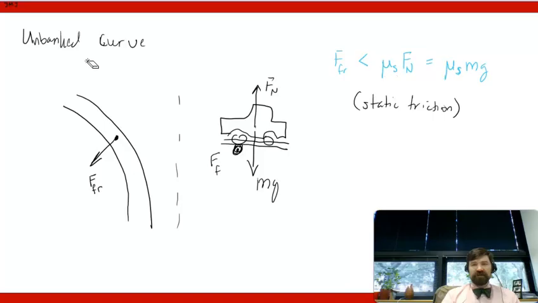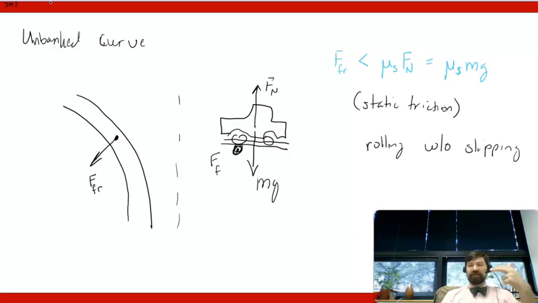The answer to that is going to be explained in more detail in a future set of these videos when we get into rotational dynamics, when we introduce the idea of rolling without slipping, which is basically how your car's tires more or less interact with the ground. They roll without slipping. Slipping means that you're basically skidding. So if you have skid marks, then your tires were slipping. But usually when you're going around a turn, you're not really skidding.